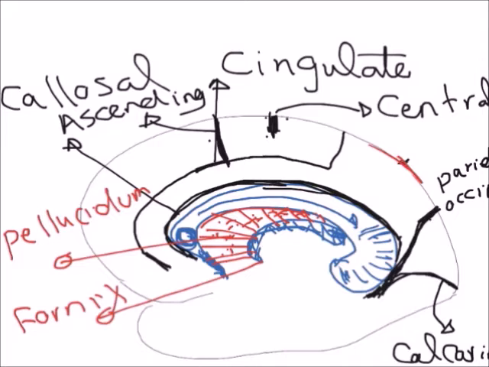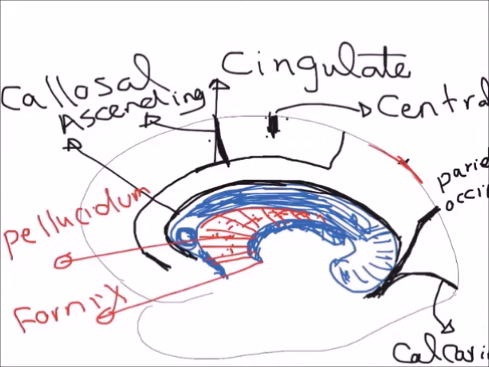So this is the fornix, and this is the corpus callosum, and the septum between them is called the septum lucidum, which closes the cavity of the lateral ventricle.